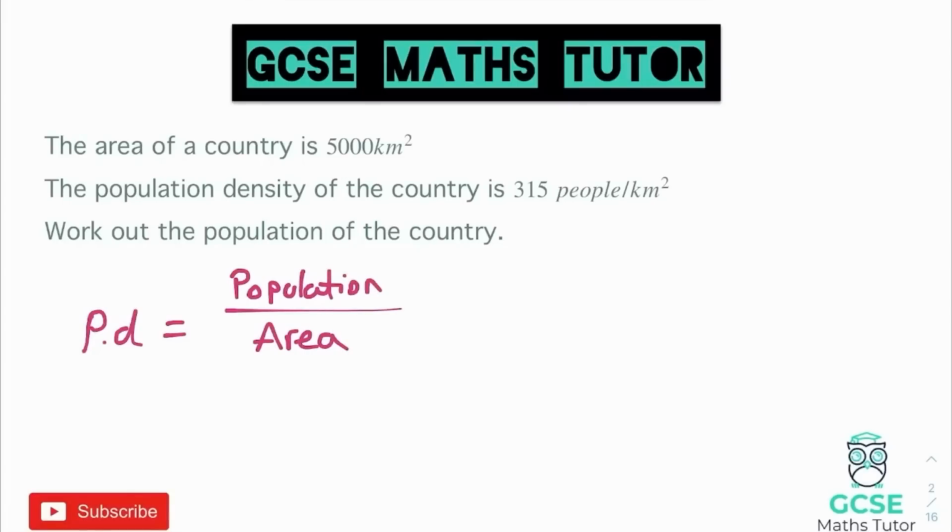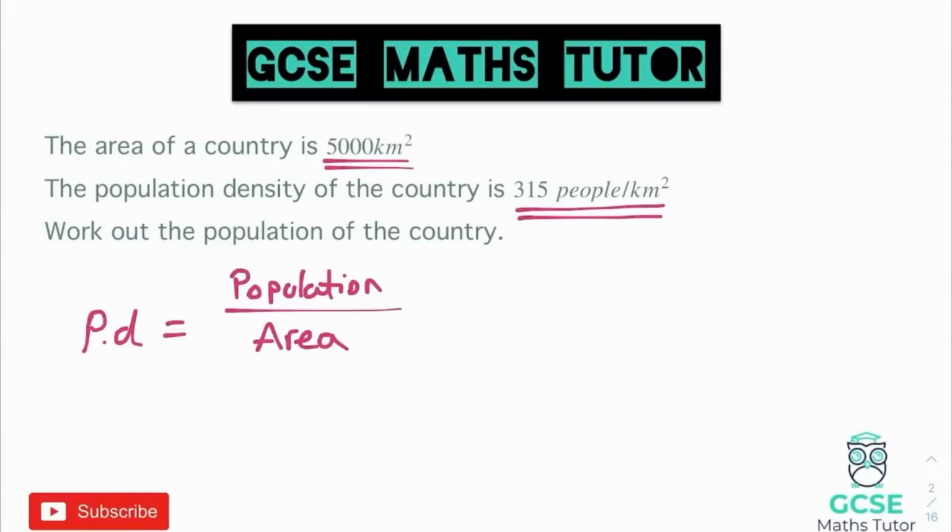So in order to go about finding the population, we could think about rearranging this formula, but we can just apply a logical approach. It says the area of this country is 5,000 kilometres squared, and the population density is 315 people per kilometre squared. So in every one of those kilometre squareds, there are 315 people.